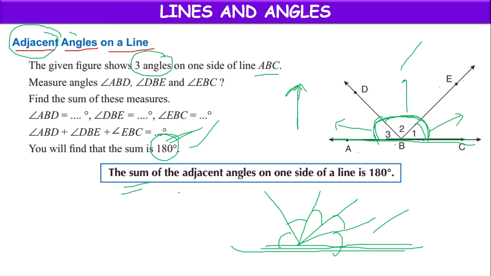So the sum of adjacent angles on one side of a line is 180 degrees. This is a proved statement. From now onwards, whenever we come across these kinds of angles, we will take their sum as 180 degrees. So the sum of adjacent angles on a line is always equal to 180 degrees.